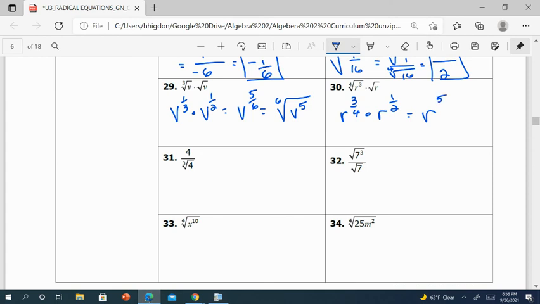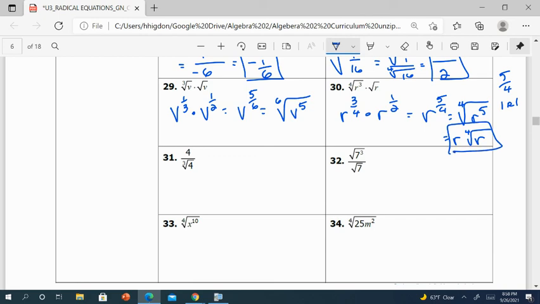So it becomes r to the 5/4, which is the 4th root of r to the 5th. Now on this one, r to the 5th underneath that radical, 5 is bigger than 4. So this is going to reduce. 5 divided by 4 is 1 with a remainder of 1. Put r on the outside and the 4th root of r.